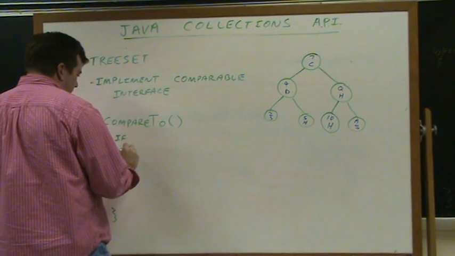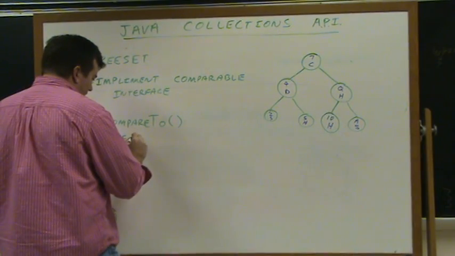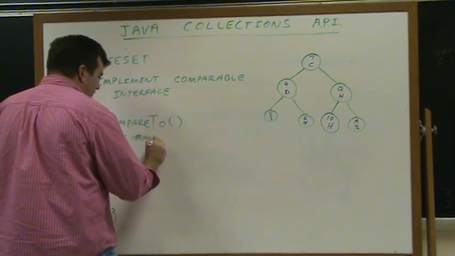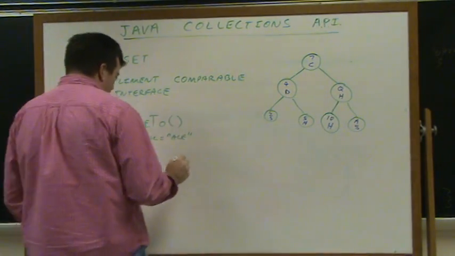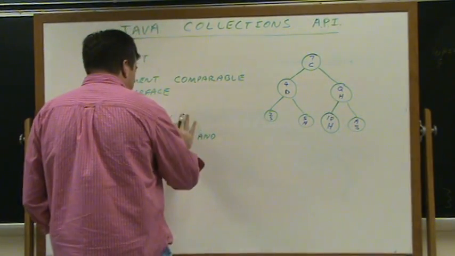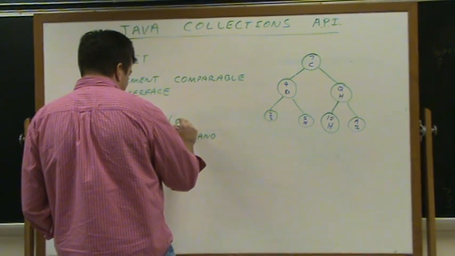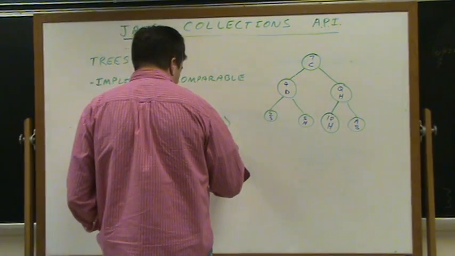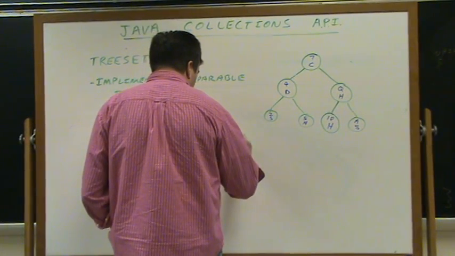So the data would be something like, if ours, let's see, if rank equals ace, and this wouldn't be the smartest way to do this, and the thing that we got in is an object, so we'd have to cast this back to a card.